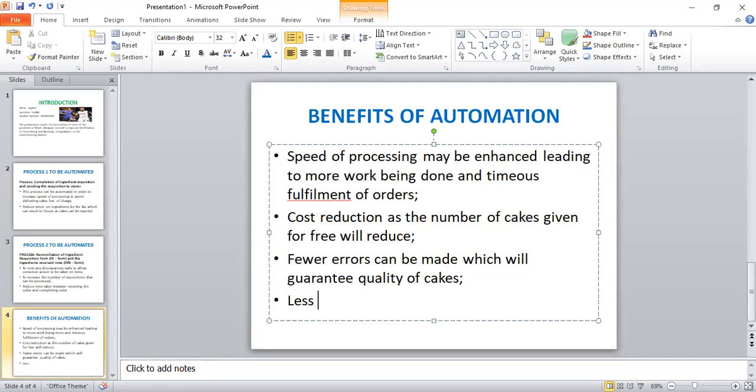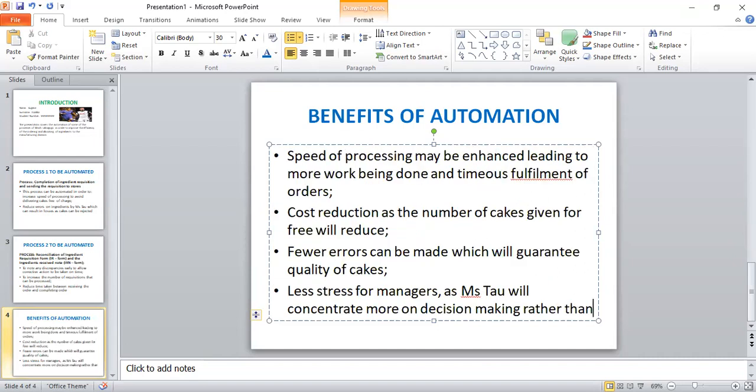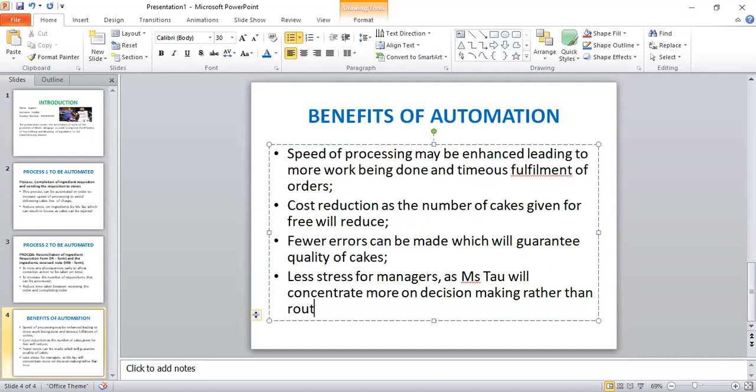Less stress for managers, who concentrate more on decision making rather than duties. You can go on and on.